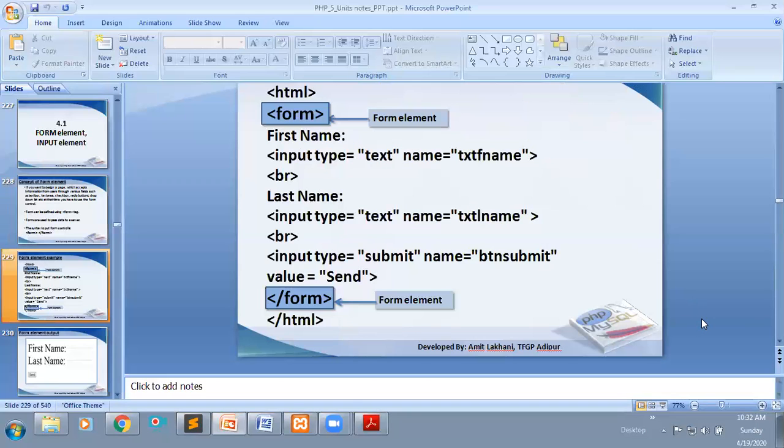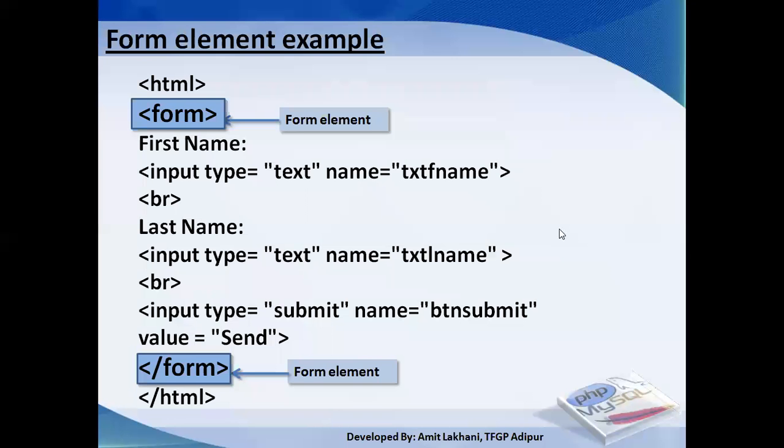If you observe here, programmatically we will write like this. Here the HTML starts and it will close here. After that, just open the form tag; this is the opening tag, and this one is the closing tag. In between, we will write whatever you require.